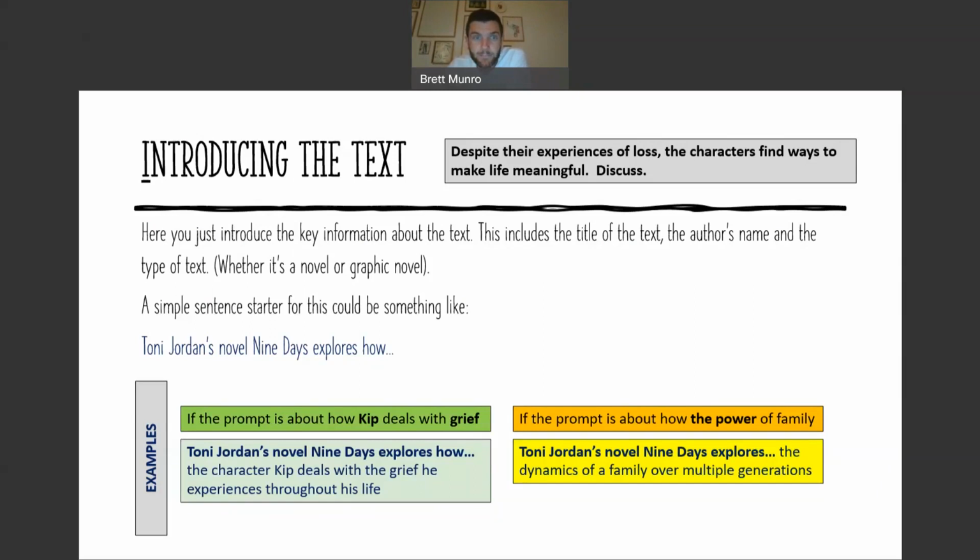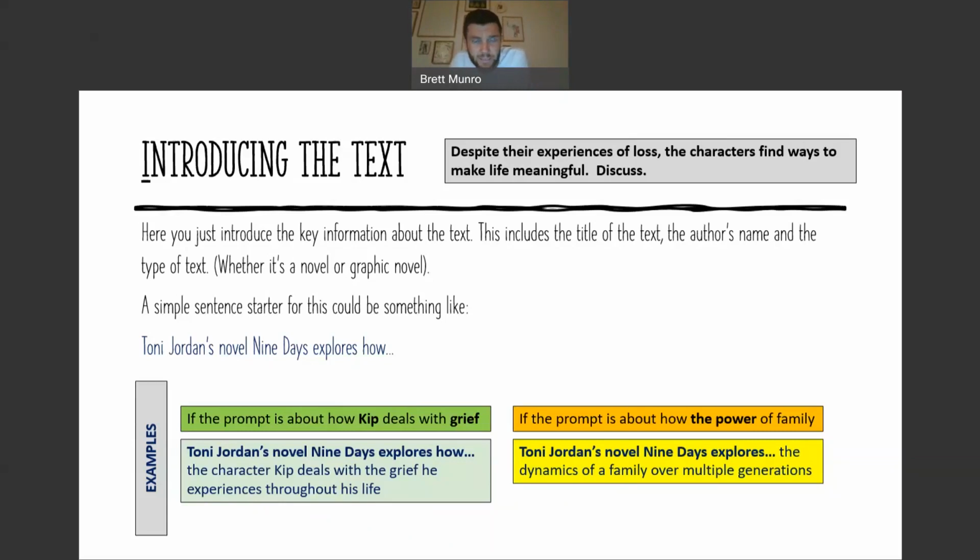And this is really going to just help you to get onto that metalanguage and draw those connections to the key terms of English. The first thing that you want to do is making sure that you're introducing the text. And that's just simple title, author's name, and the type of text.